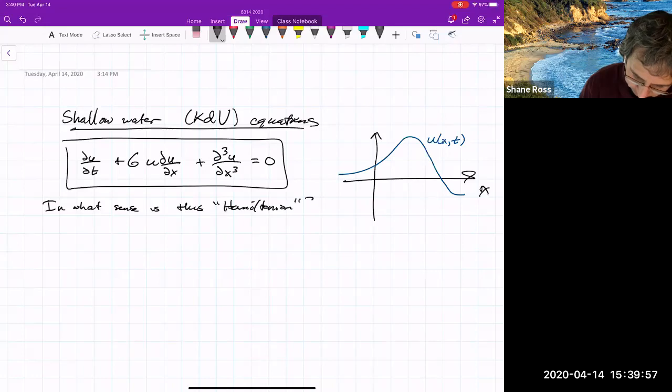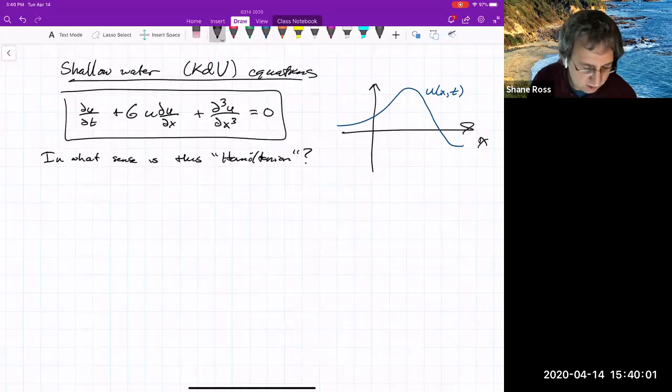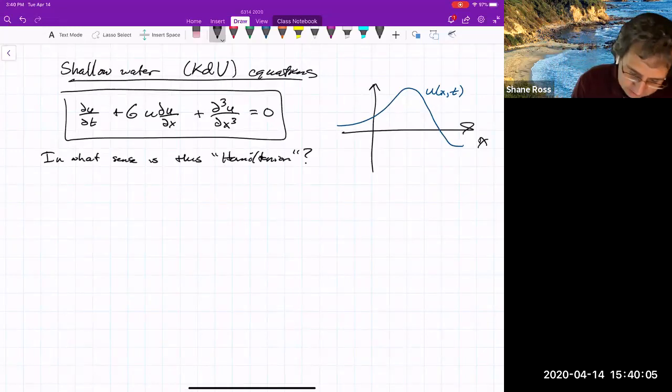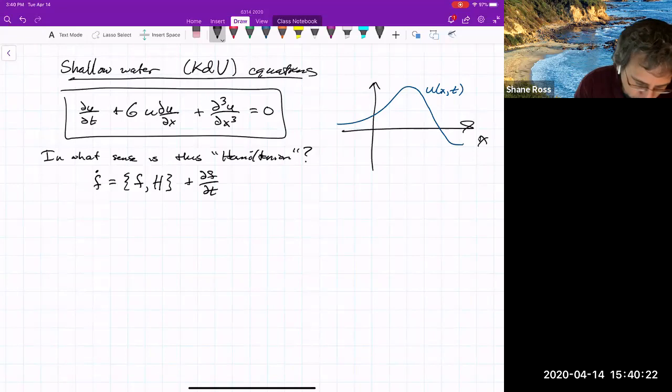Well, we have a language for that now. We know that it's not described by Q's and P's, but we have this sort of larger definition of casting things in this form, that if we have some scalar function, f, its evolution with time is described by a Poisson bracket of f with h for an appropriately chosen h, plus if f depends explicitly on time, we add that piece.